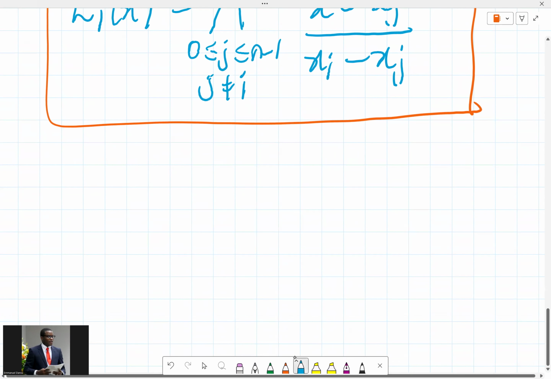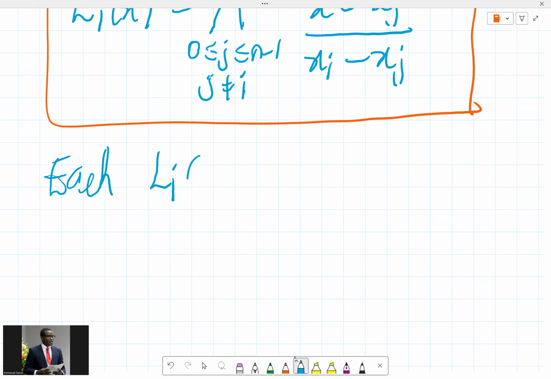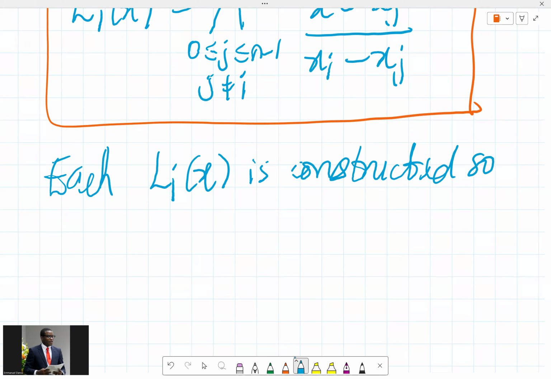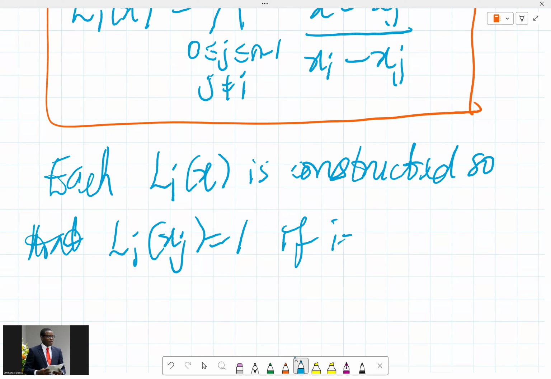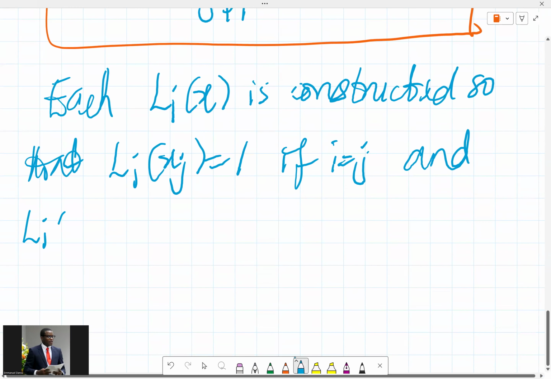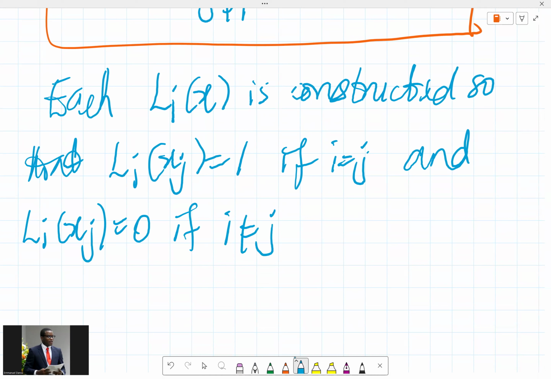Now, each Li of x is constructed so that Li of xj equals 1 if i is equal to j, and Li of xj equals 0 if i is not equal to j.